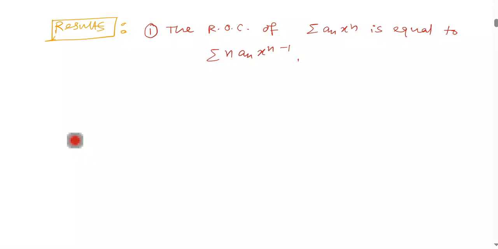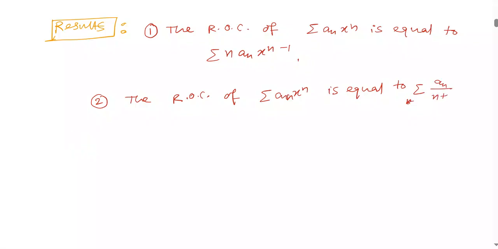The radius of convergence of an x power n is equal to an by n plus 1 x power n plus 1. Okay, these two results are important.